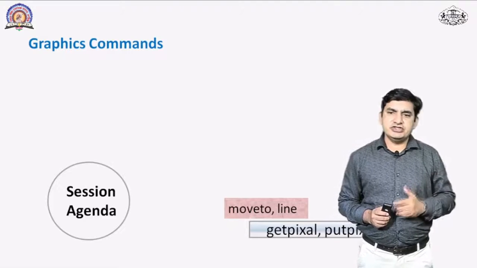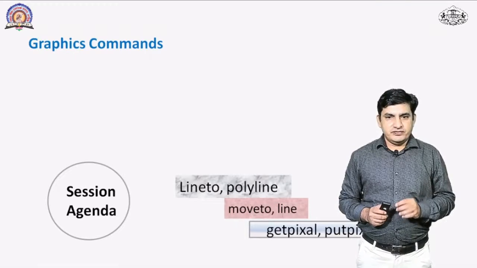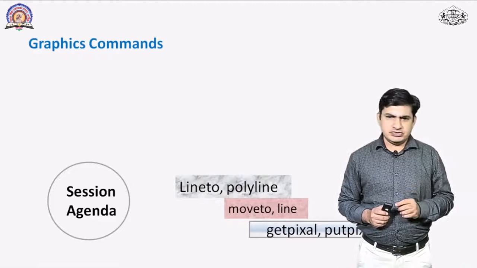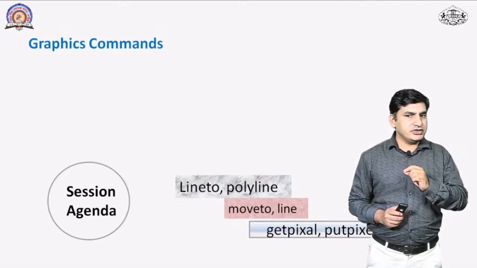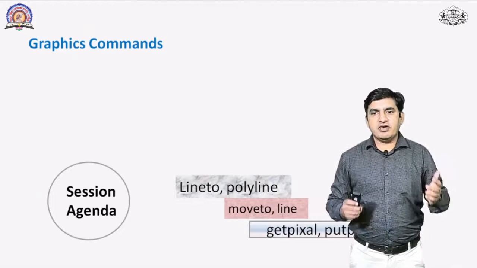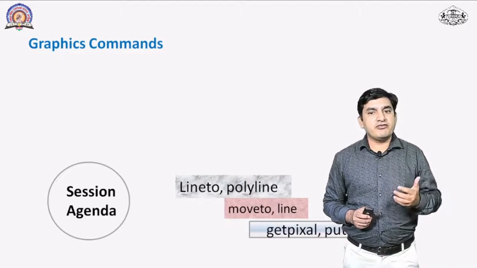Then the line function is used to draw a line. The lineto function is used to draw a line from the current location to the given location, while the polyline is used to draw a number of lines.